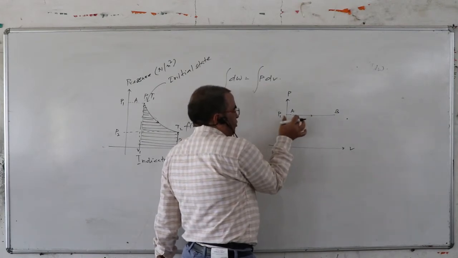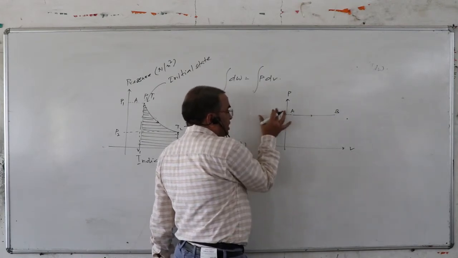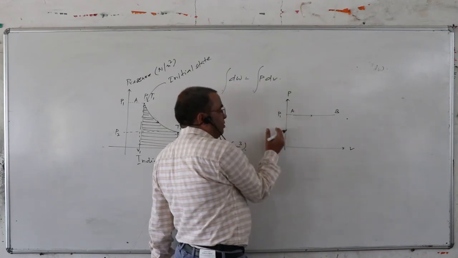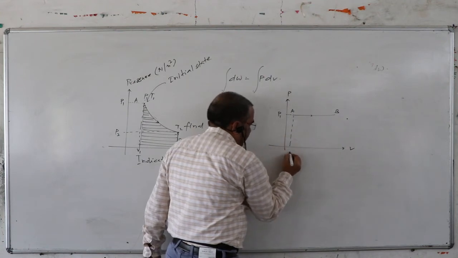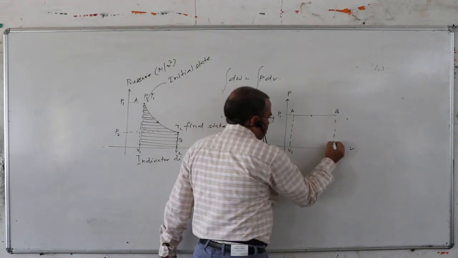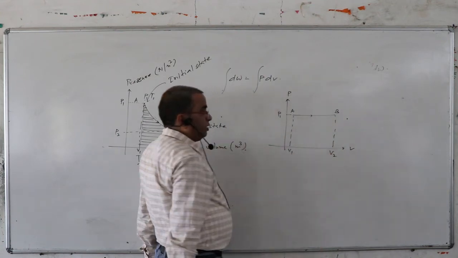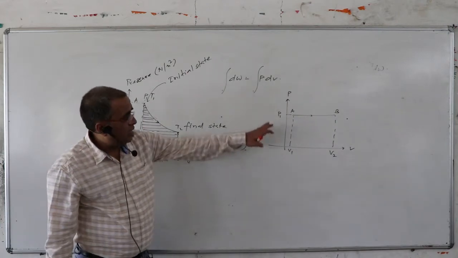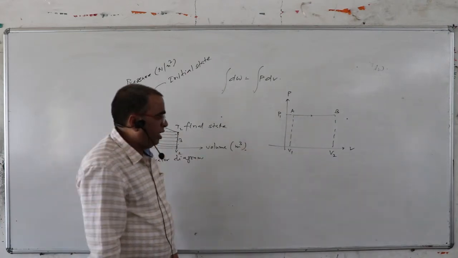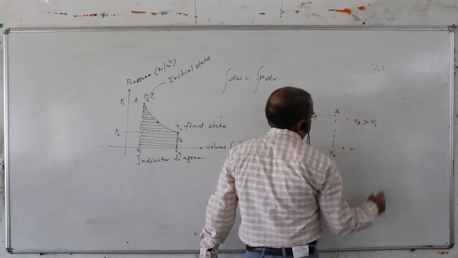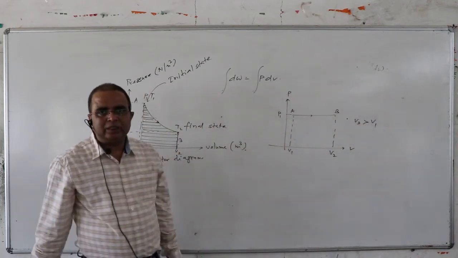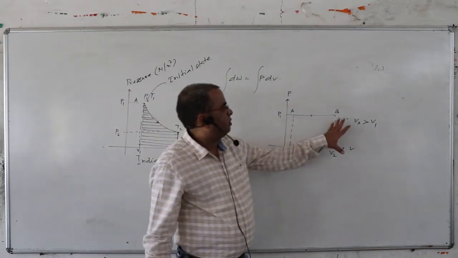That means pressure is P1 at A as well as B, whereas the volume at A is V1 and the volume at B is V2. That simply means this gas is expanding. Why? As we can see from the graph, V2 is greater than V1.